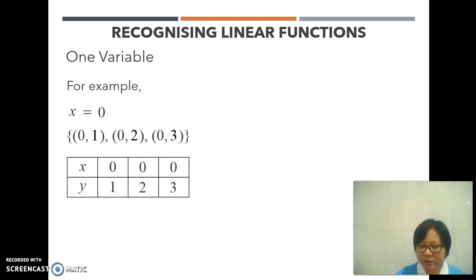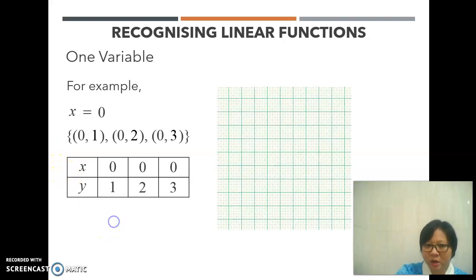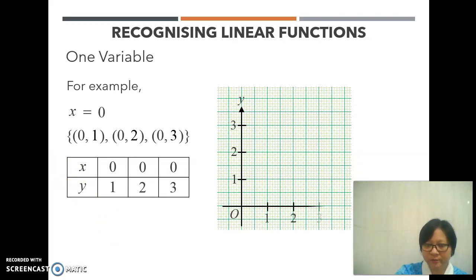Let's plot this on a Cartesian plane. Since the x coordinates are all 0, there is no horizontal movement, and the y coordinates are all positive, so the vertical movement is climbing up. Let's start with this column, 0, 1.